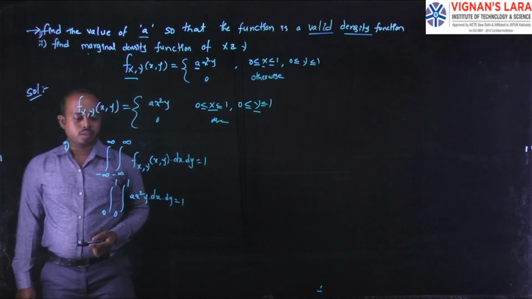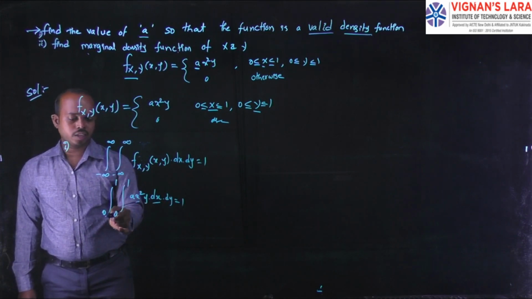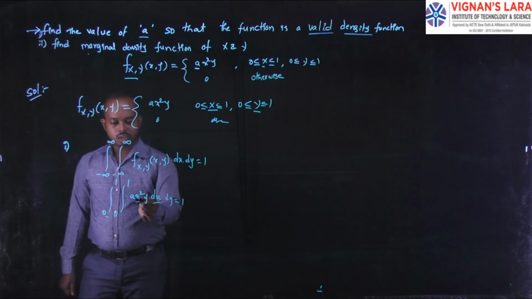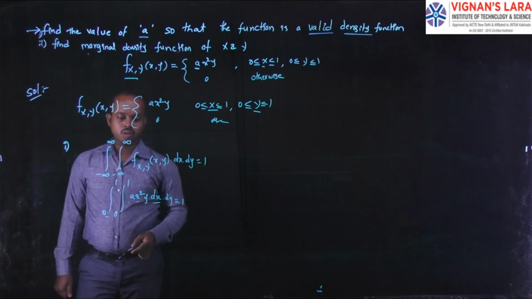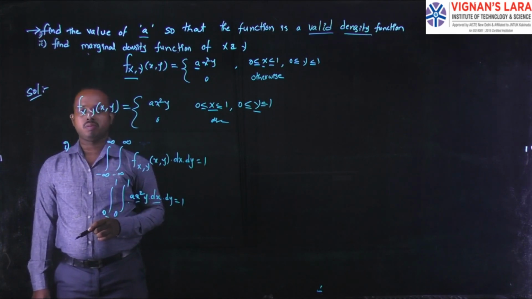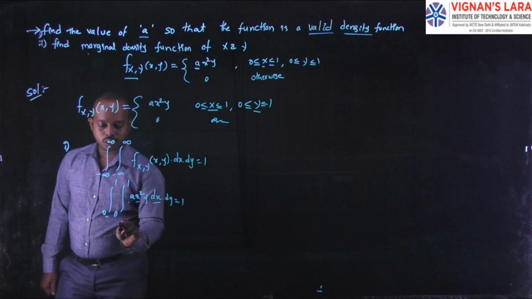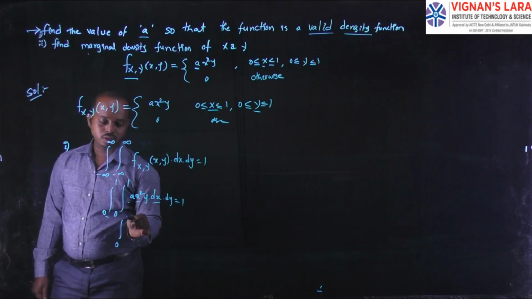Now we apply the integration with respect to x. We take this term as a constant; x is the variable, and while integrating with respect to x, y is a constant. That's why I write the y limits separately, 0 to 1.